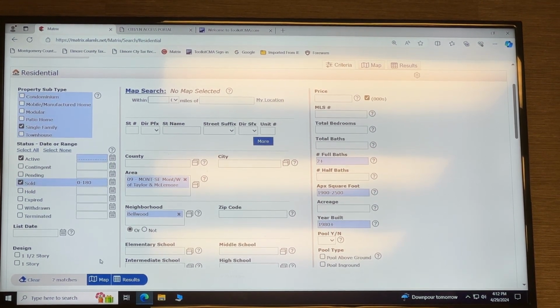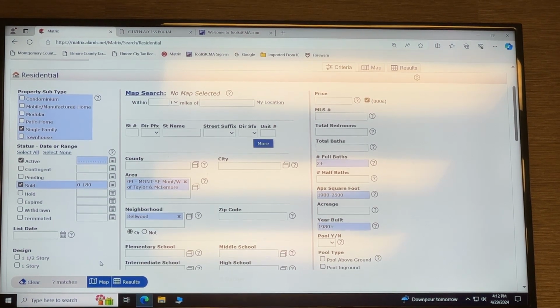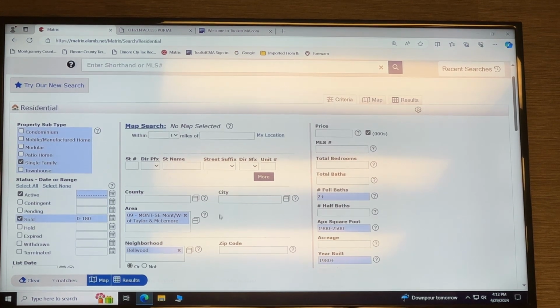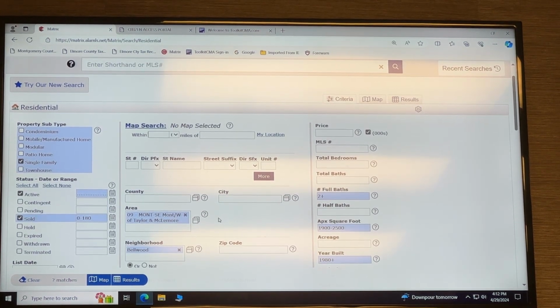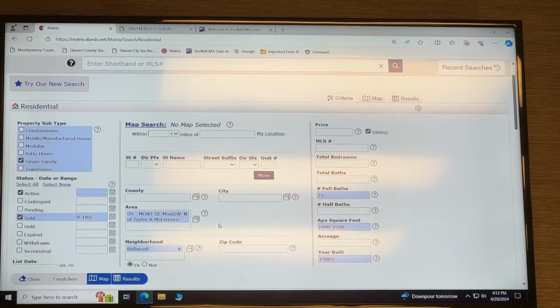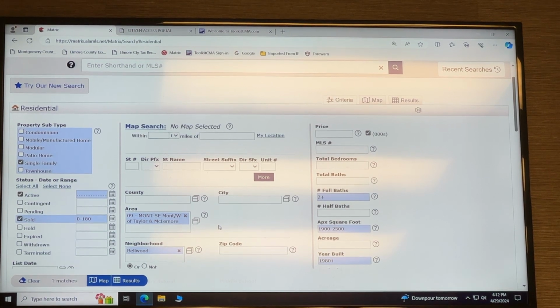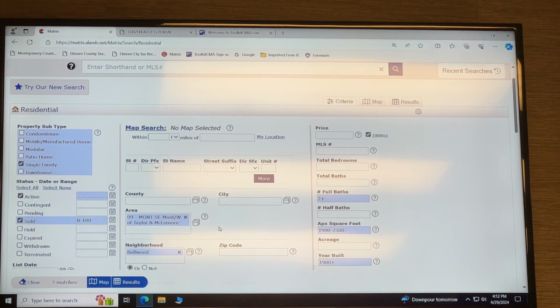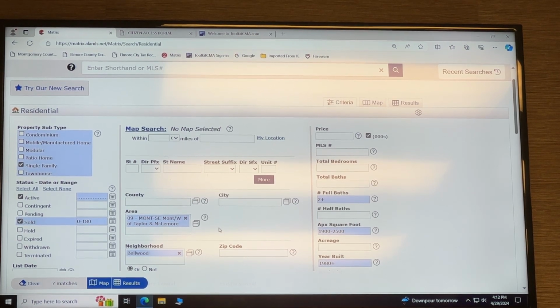One of the things that you will run into, and this is one of my pet peeves, is that there are some garden homes and some townhouses. Here's the problem that you run into. I've talked to Jennifer at the board several times, and said, isn't there a way we can fix this?